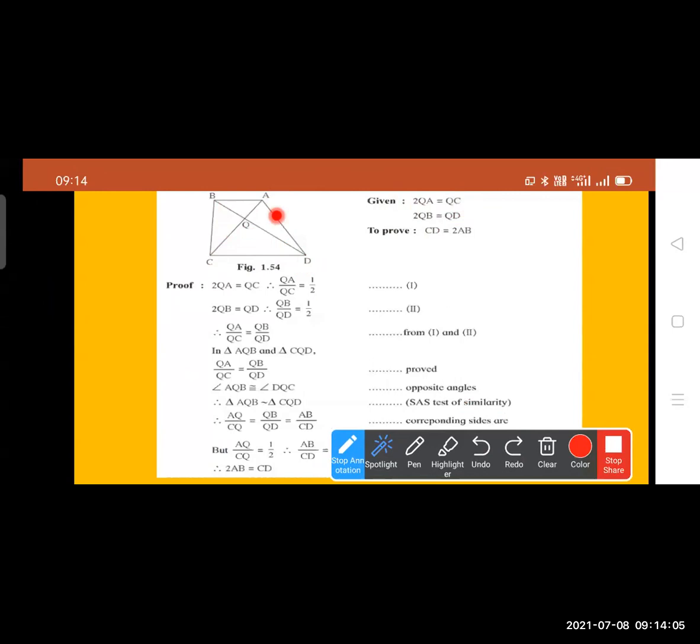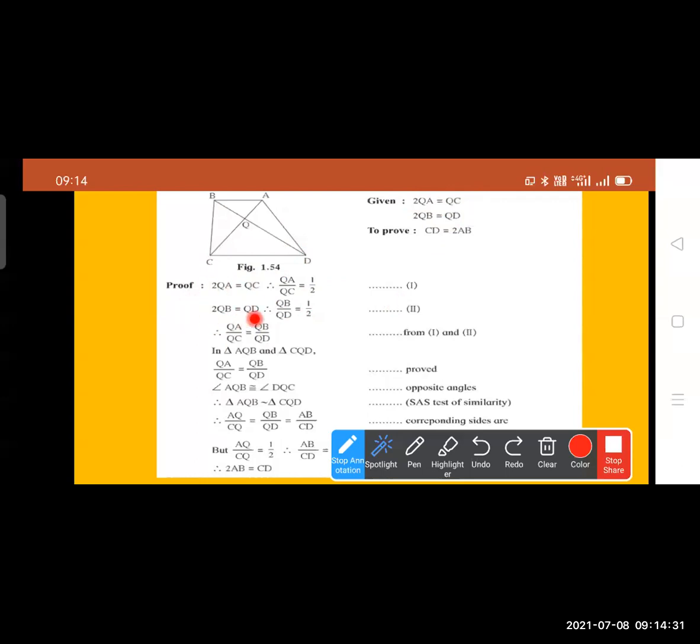First we take twice QA is equal to QC. Then we put the 2 and QC on the left side and 2 on the right side. We get QA by QC is equal to 1 by 2. Same, apply the same condition for the second one.